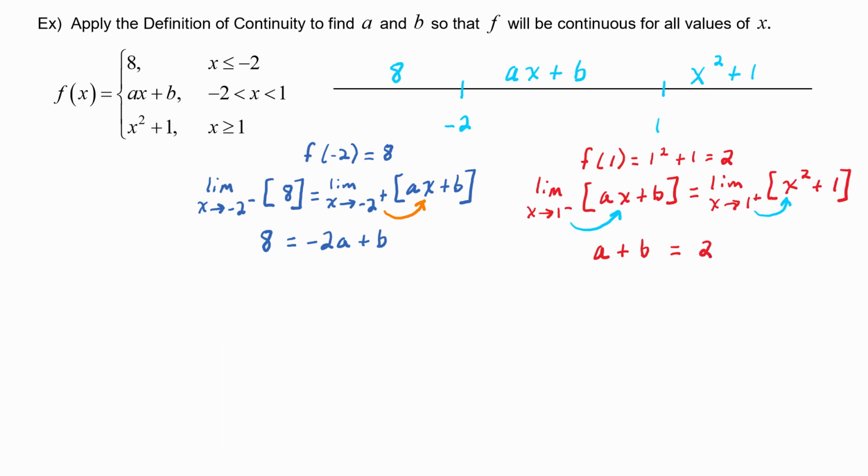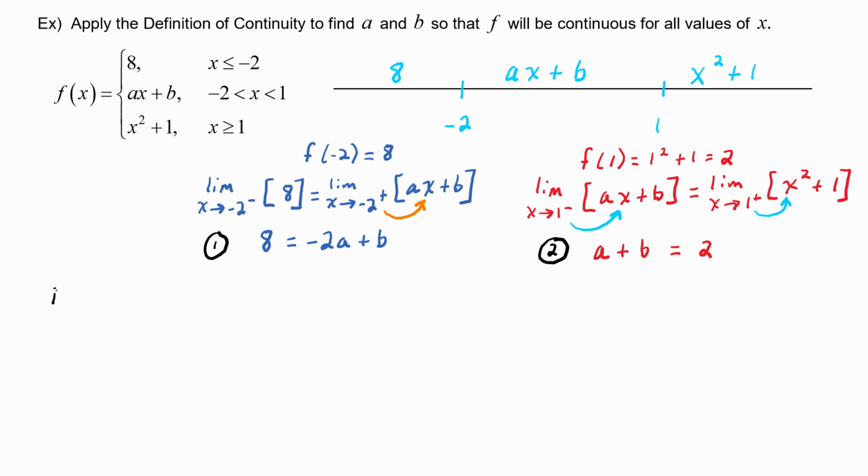So now we have two equations with two unknowns, and you learned how to solve these in your algebra class. Let's call this equation 1, and we'll call this one equation 2.